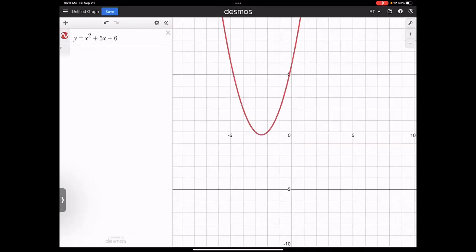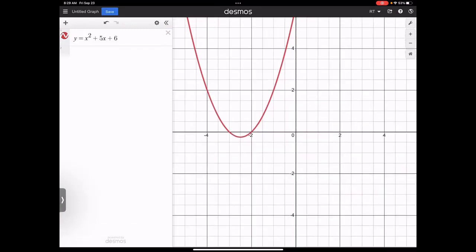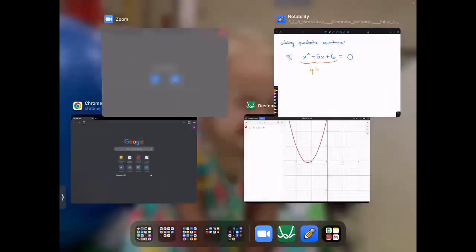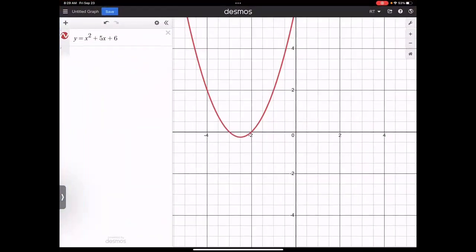Okay, there it is. We're trying to figure out where it's equal to 0, right? So if I think of this as y equals x squared plus 5x plus 6 and ask where is that equal to 0, what are we looking for on the graph? A 0 and x or a y there?